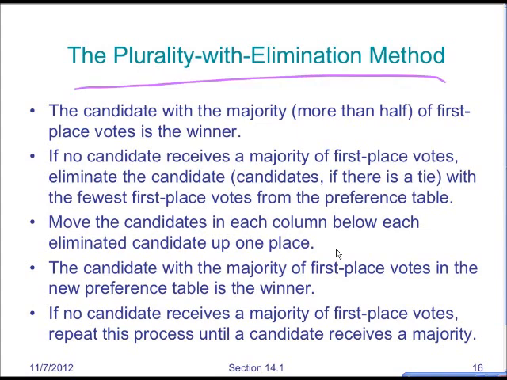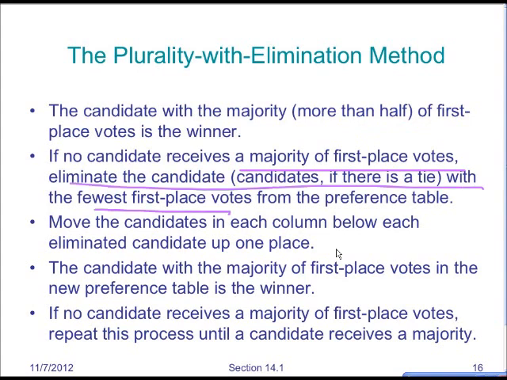With the plurality with elimination, we're still looking for the first place votes only, but they need to have a majority. With majority, that means you have to have more than half. If nobody gets a majority, we eliminate the candidate with the fewest first place votes.